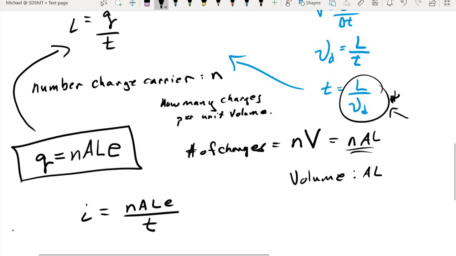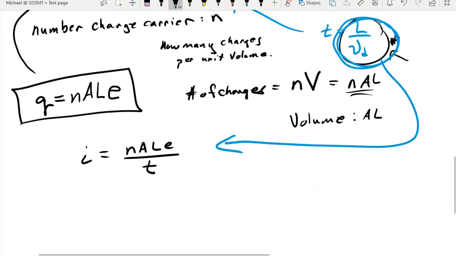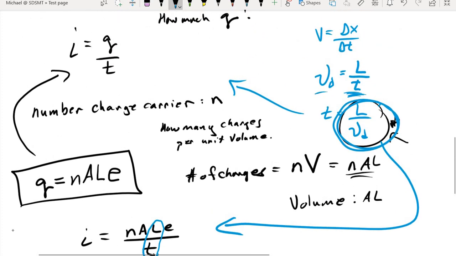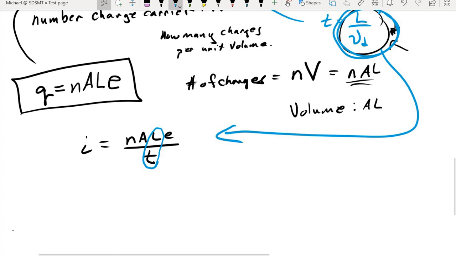Okay, now we can use this substitution because we know that the amount of time that it takes is length over velocity, but right here I have length over time, which is the drift velocity. So now our current is equal to nA times the drift velocity times the elementary charge.